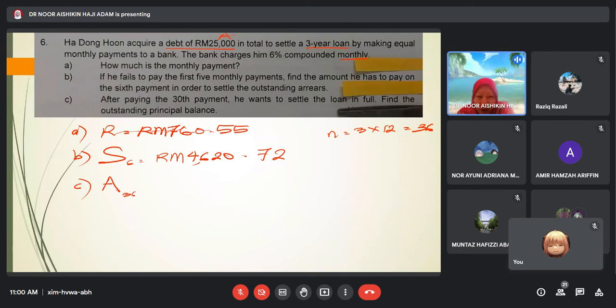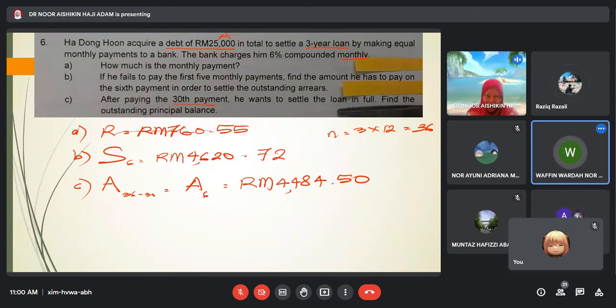Going back in time kan? So 36 tolak dengan dia dah bayar 30. So you want A6. What is A6? RM4,484.50. Yes. 4484.50. Boleh kelas? Boleh doktor.